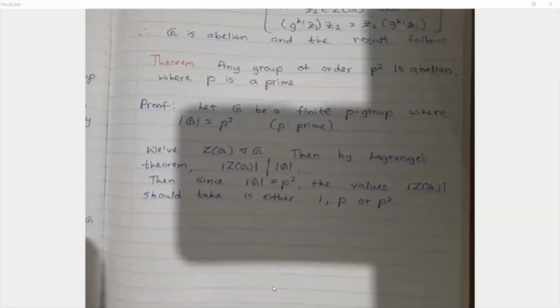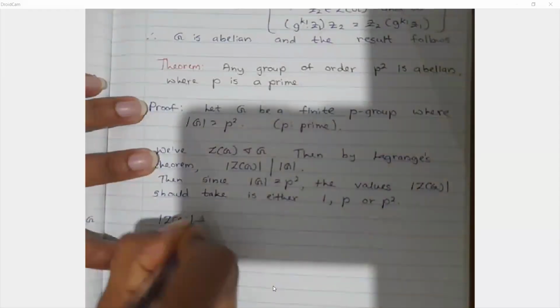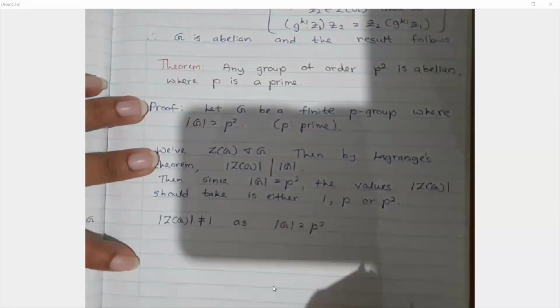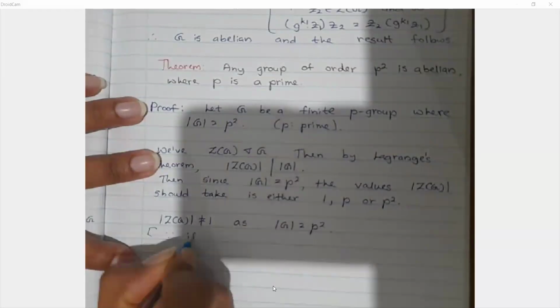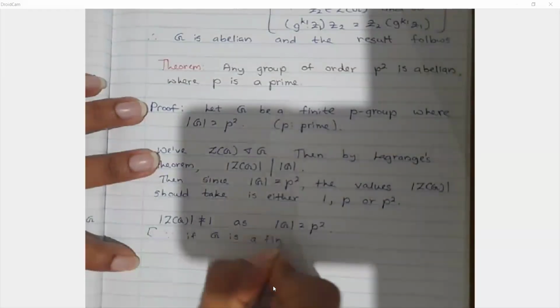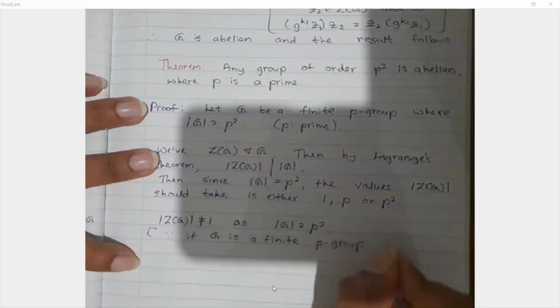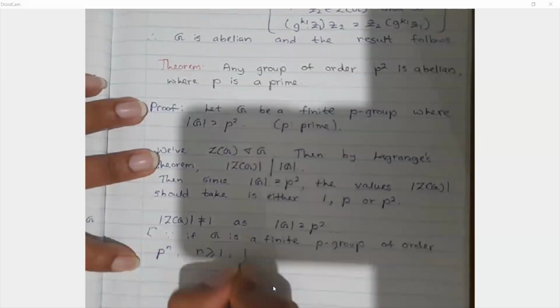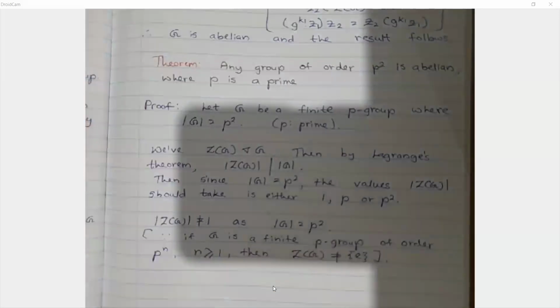So let me write: the order of Z of G is not equal to 1 as the order of G is equal to p squared, right? This is because if G is a finite p group of order p^n for n greater than or equal to 1, then the center is non-trivial, right?